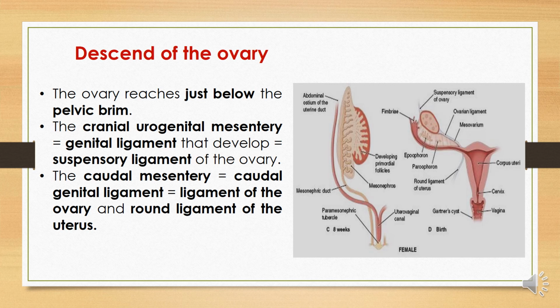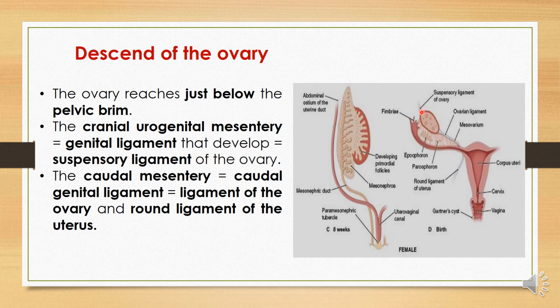Now the descent of the ovary. Descent of the ovary occurs to a lesser degree than the descent of the testes, and the ovary reaches just below the pelvic brim.